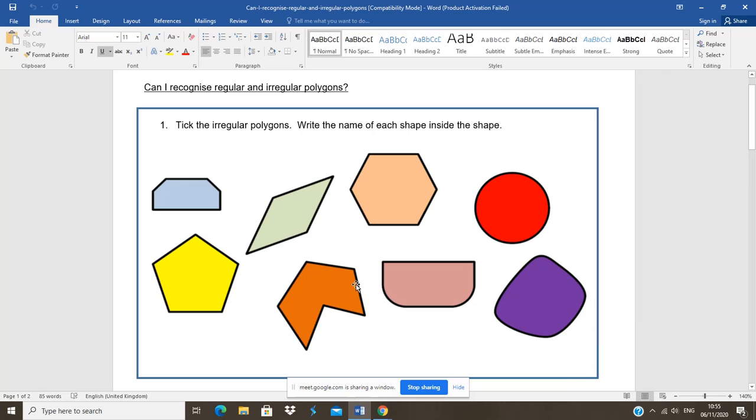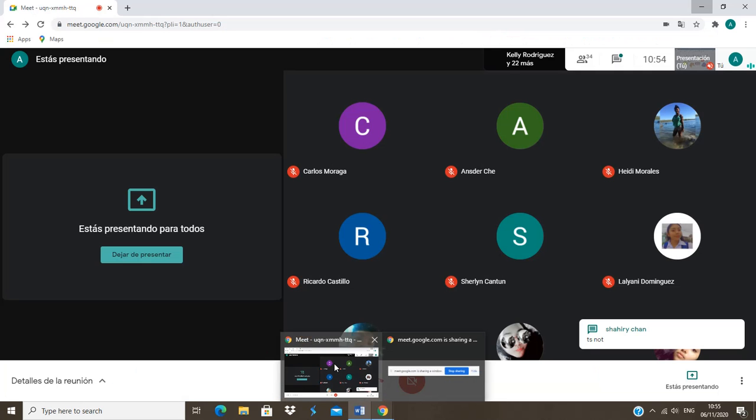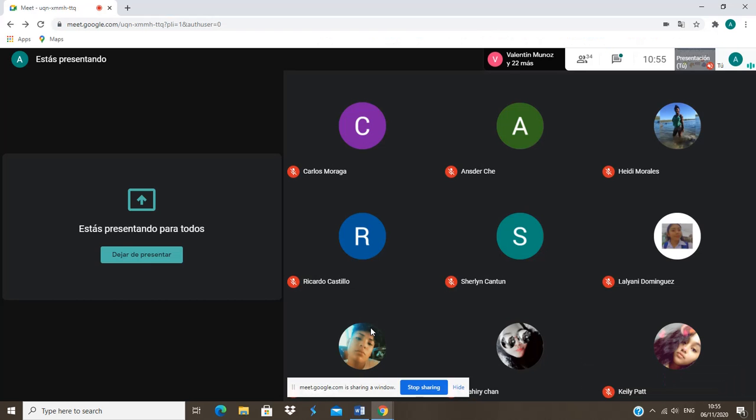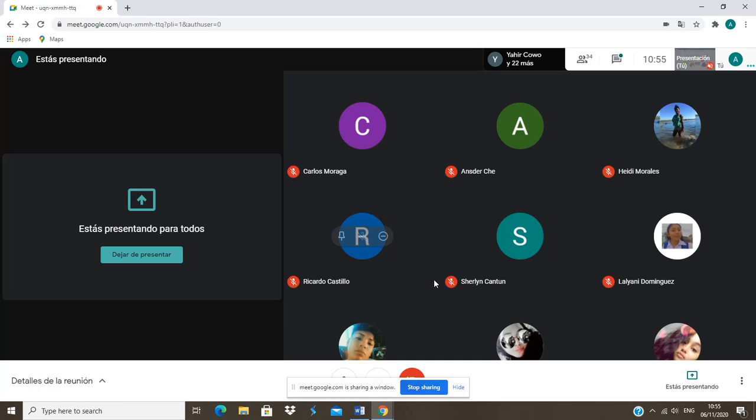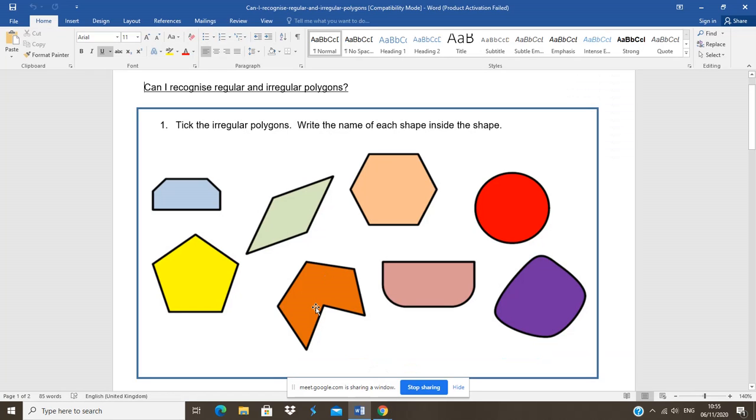Now the orange one, first of all, does this have any curved edges? Anybody can tell me? It's an irregular polygon. Yes, it's an irregular polygon.